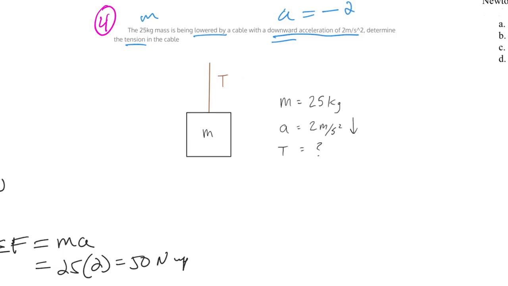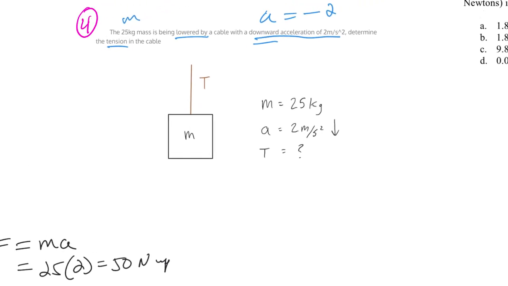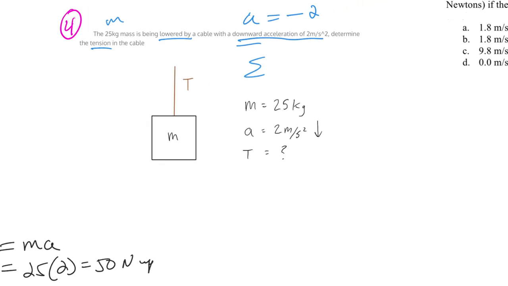Since acceleration is negative, net force is negative as well because they always go together. The direction of the net force is the same as the direction of the acceleration. So we can find the net force because they gave me m and a.